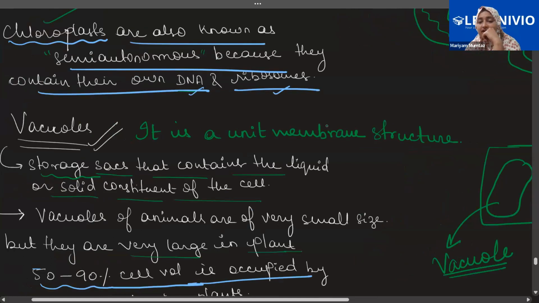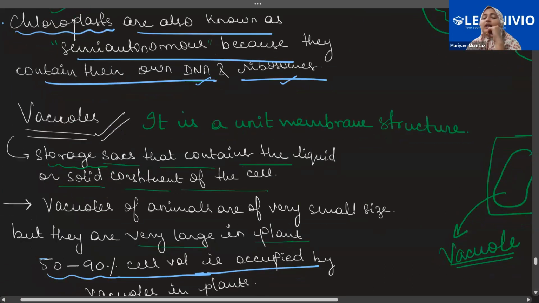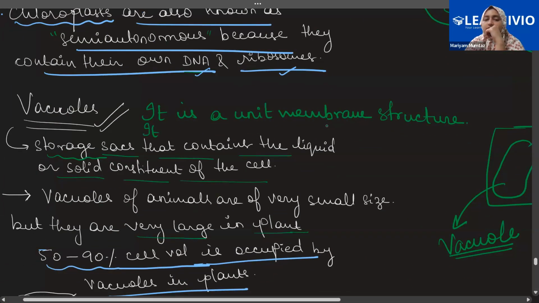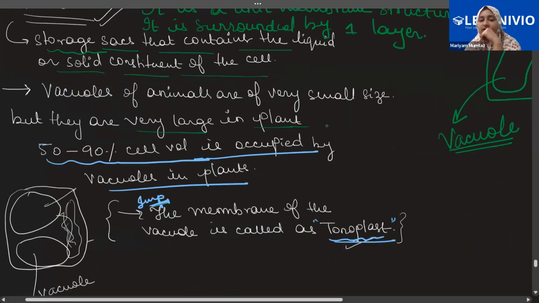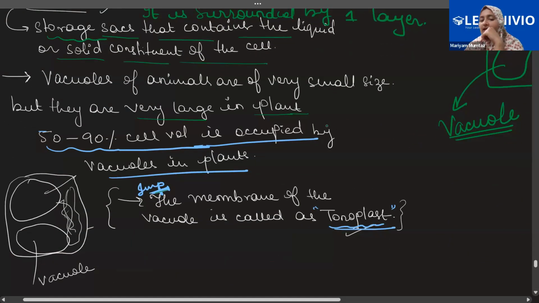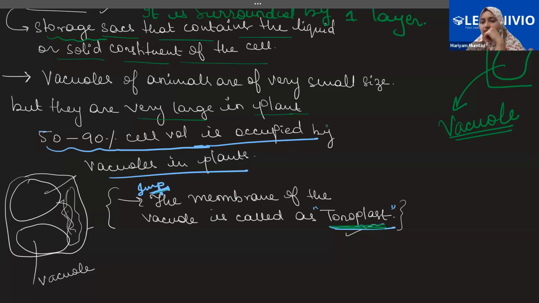So the vacuole is surrounded by one layer. And that one layer of the vacuole is known as the tonoplast. It has a proper name, and the name is tonoplast.